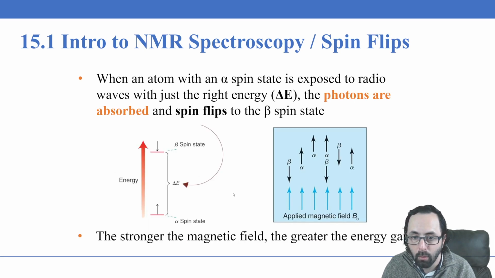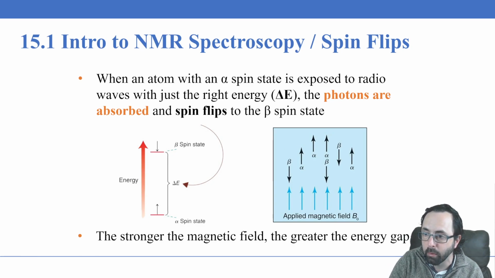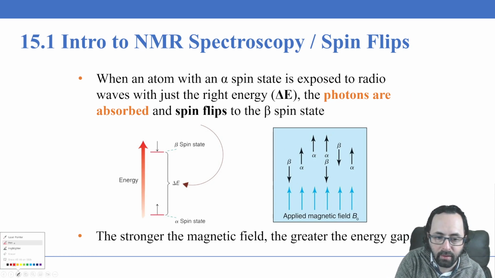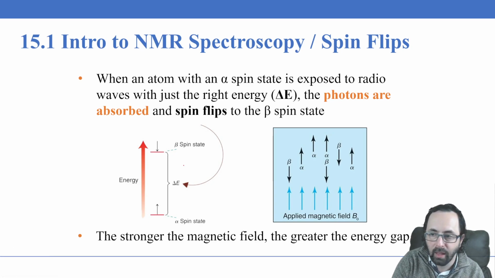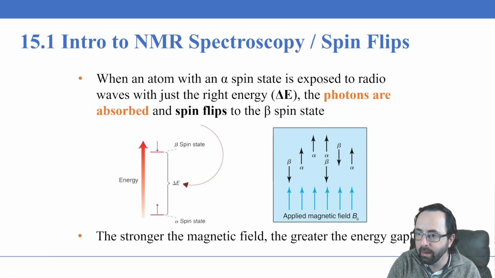And so what we can do is, when the nucleus with the alpha spin state is exposed to radio waves that have exactly the right frequency, and thus the right energy. Remember from GChem that energy, in the context of an electromagnetic wave, is directly proportional to the frequency, which is indicated with this nu here.